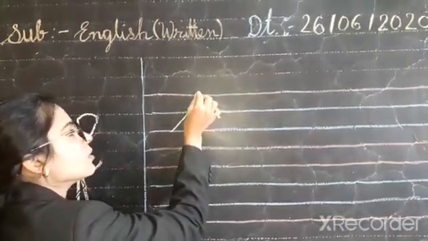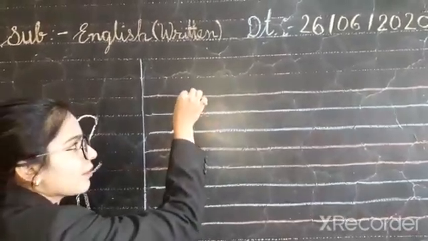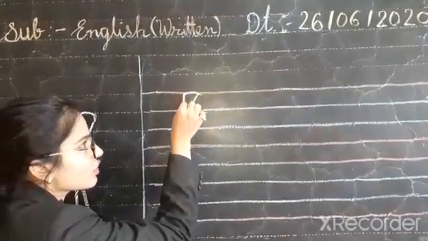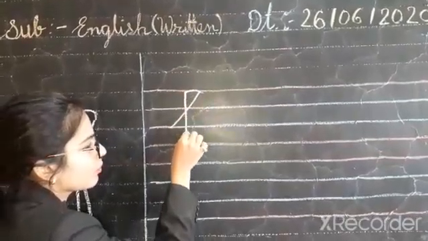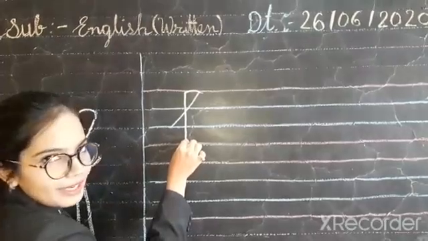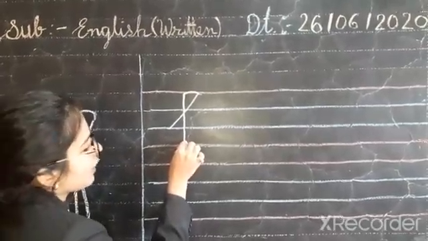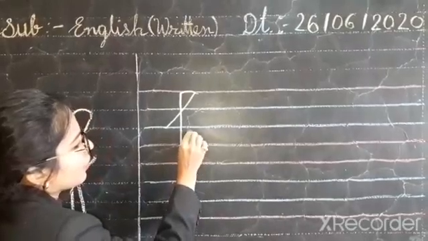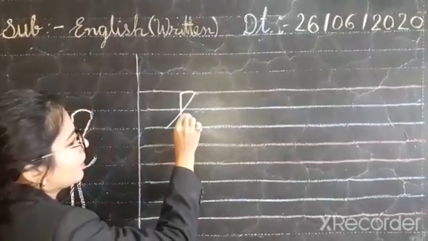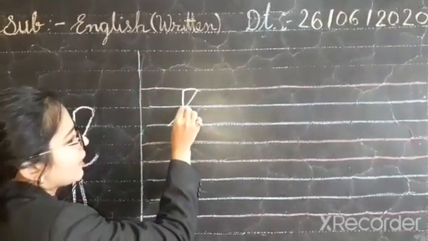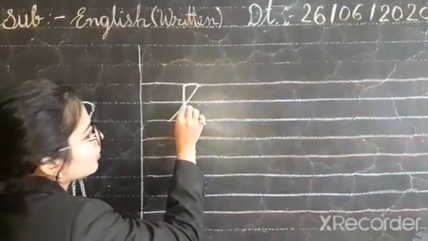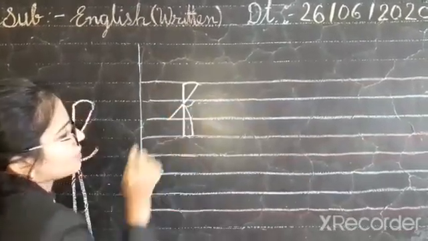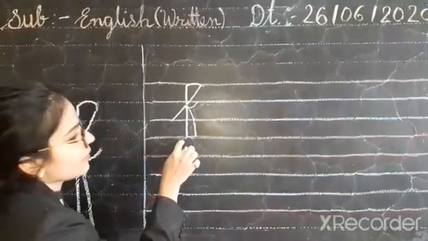Then do small curve, then come down, do straight line up to this red line. Okay, understood? Then do small curve, then go up and touch here, and from here you have to do small curve and touch here. This is our cursive F.